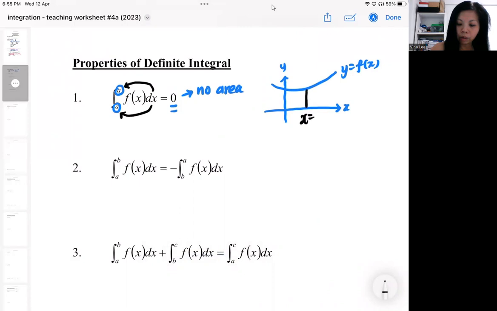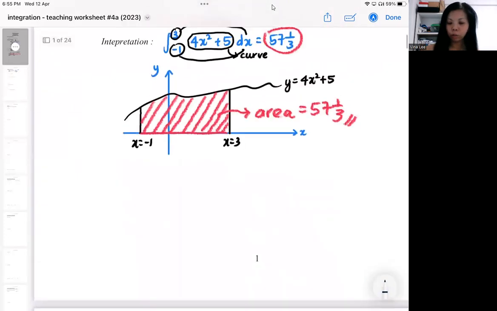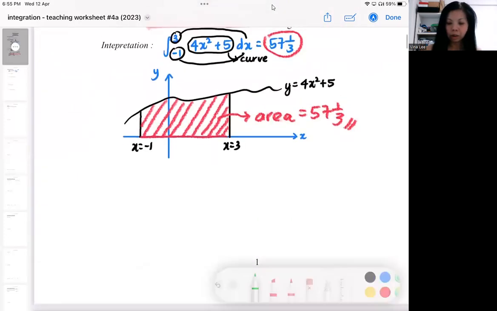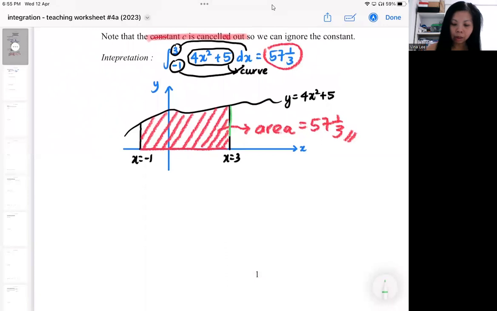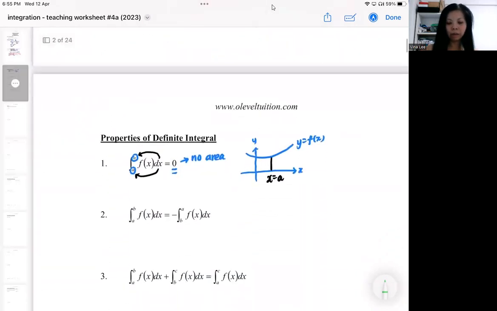So there is no area. So just now I got an area because I got two vertical walls. So the x equal to 3 and the x equal to -1 is like two vertical walls. So the two walls come up with an area. But if the two lines are the same, that means you don't have any area in between.